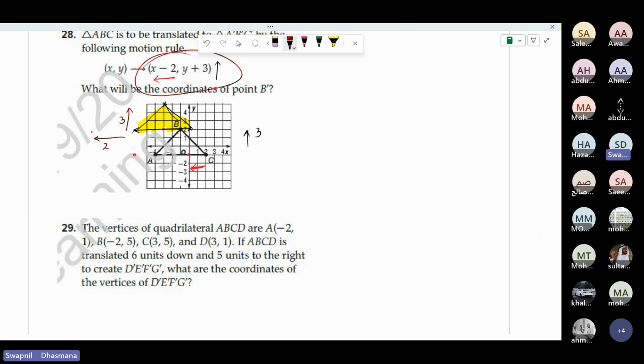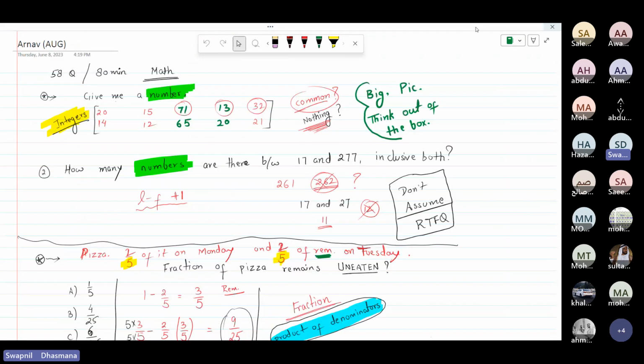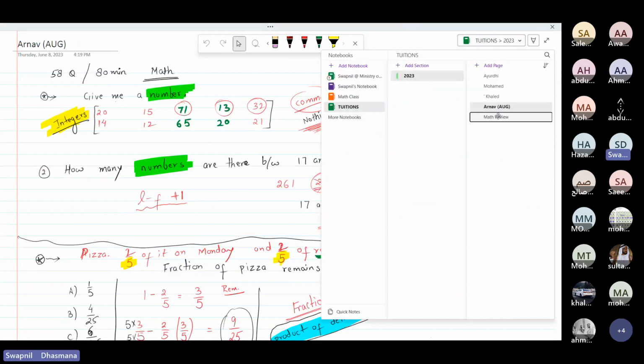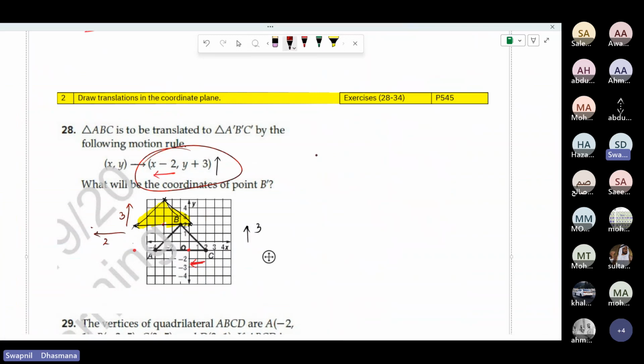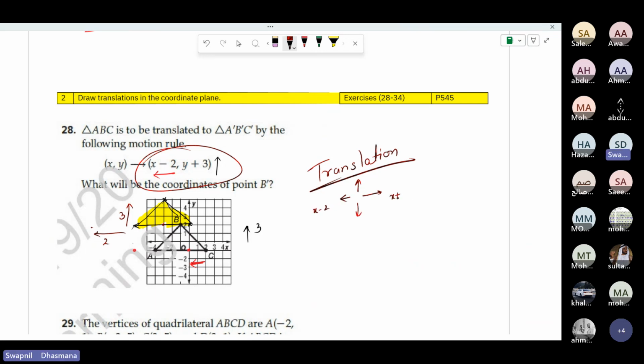Based on this, this is called translation. Translation means left, right, up, down. So this is X minus 2, this is X plus 2. This is Y plus 2, for example, this is Y minus 2.